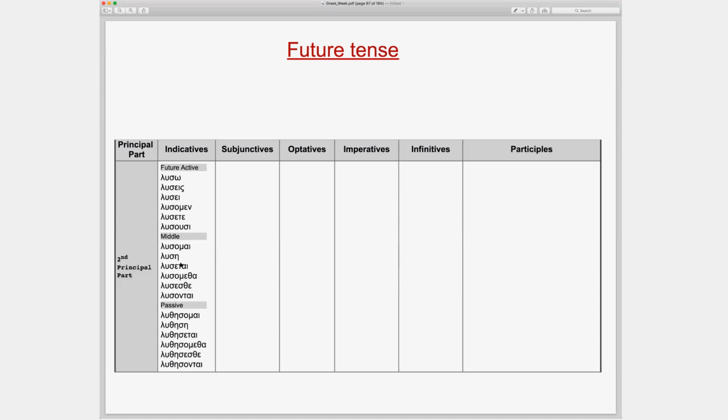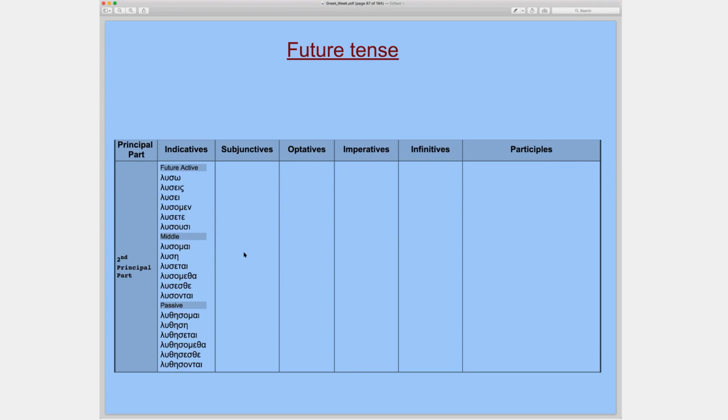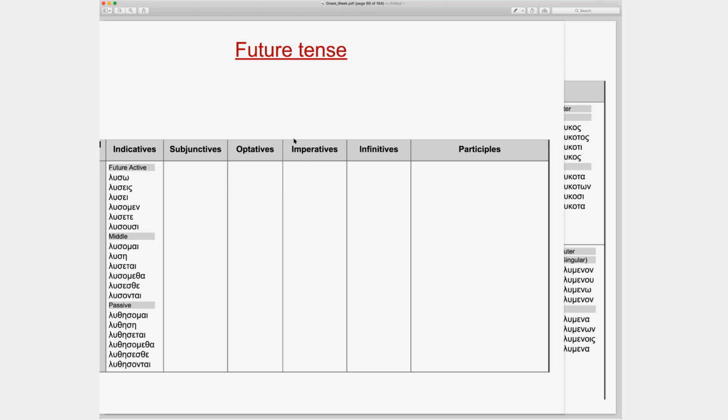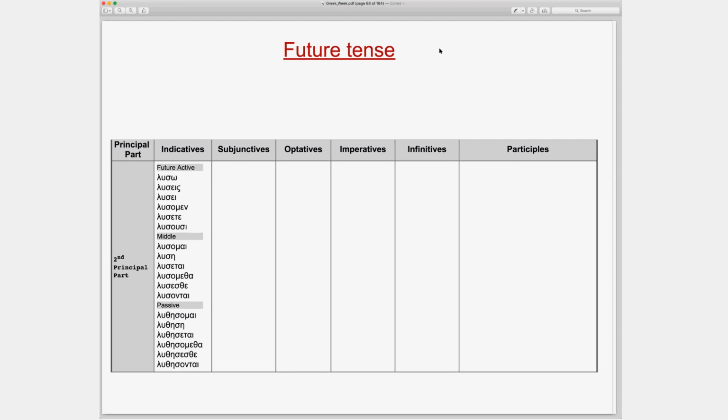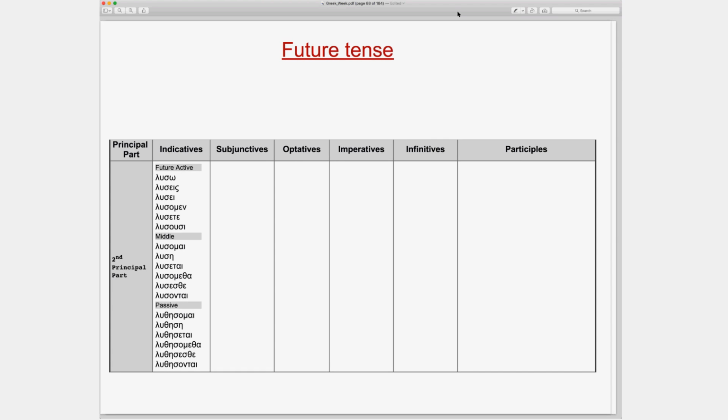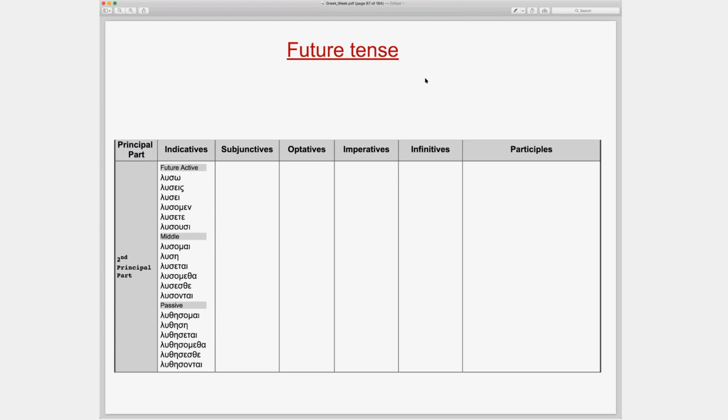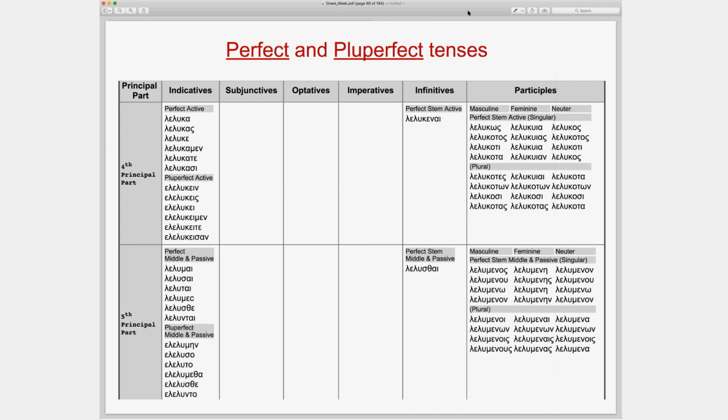In the case of the future tense, I don't know why it's doing that. For perfect and pluperfect, there's something called reduplication.